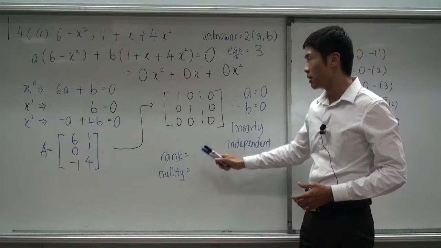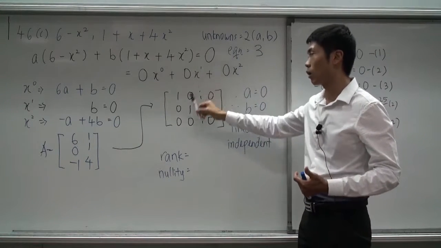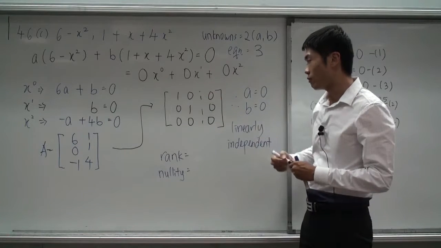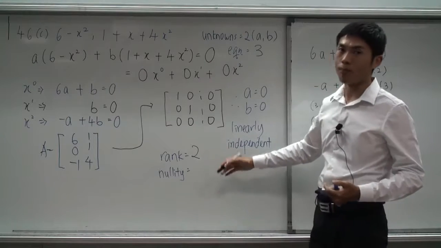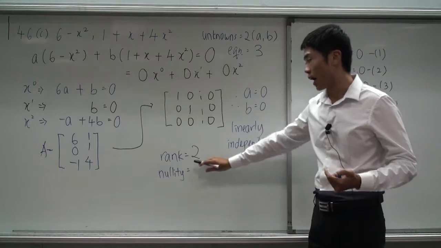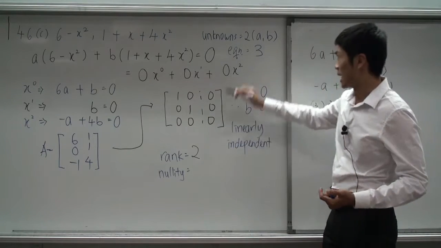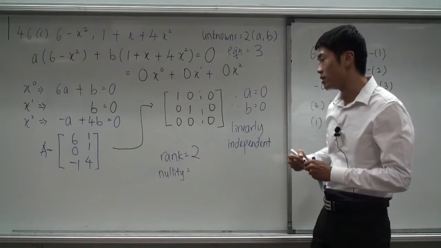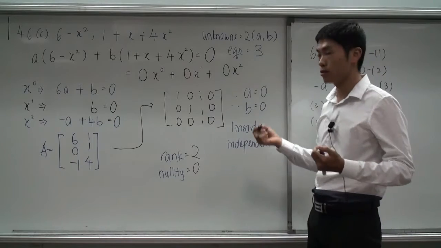The rank refers to the number of leading ones in the columns or rows, so we have rank two. And nullity refers to the number of parameters in the solution. Remember the relationship between the rank, nullity and the number of unknowns: the nullity is the number of unknowns minus the rank. In this case, we have 0, and we don't have any parameters in the solution here.